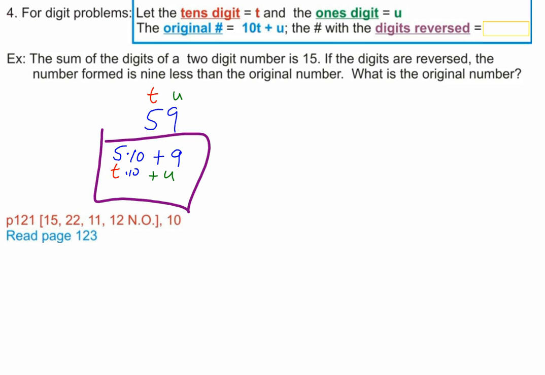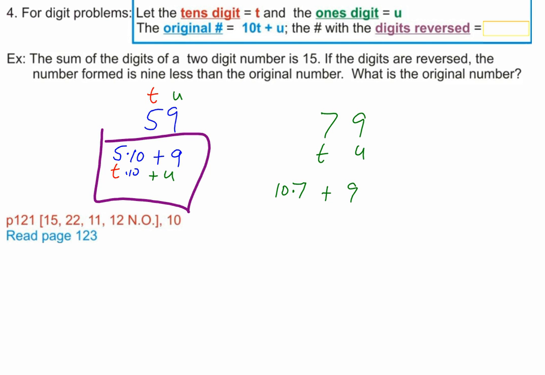So again, watch. If I have the number 79, t would be 7, u would be 9. The only way to get 79 is to do 10 times the tens digit plus the ones digit. 70 plus 9, 79.